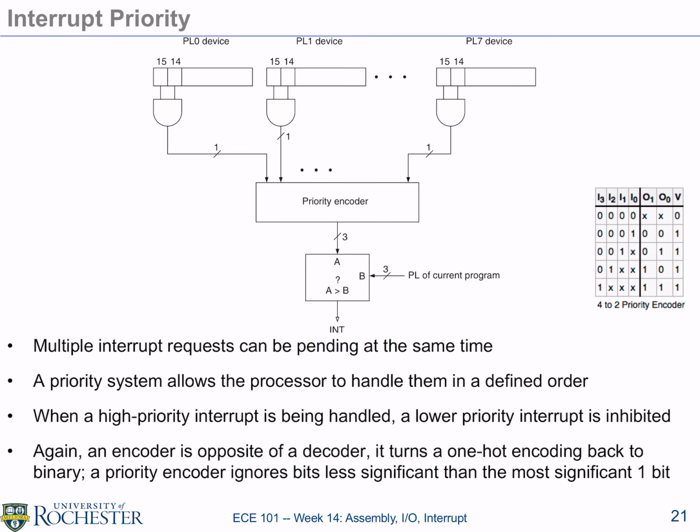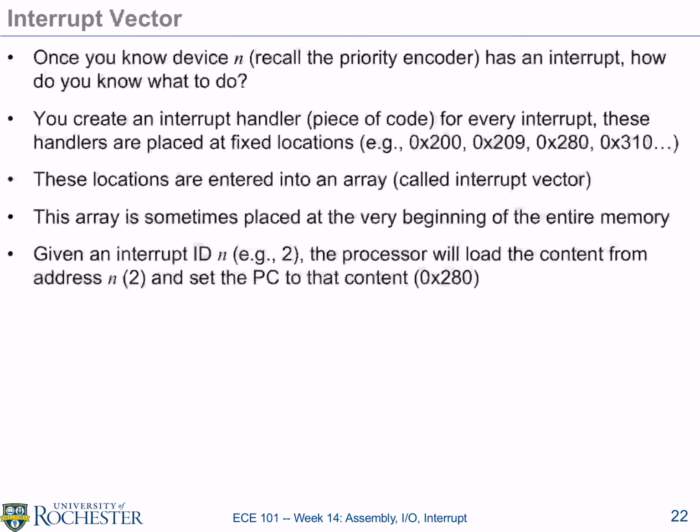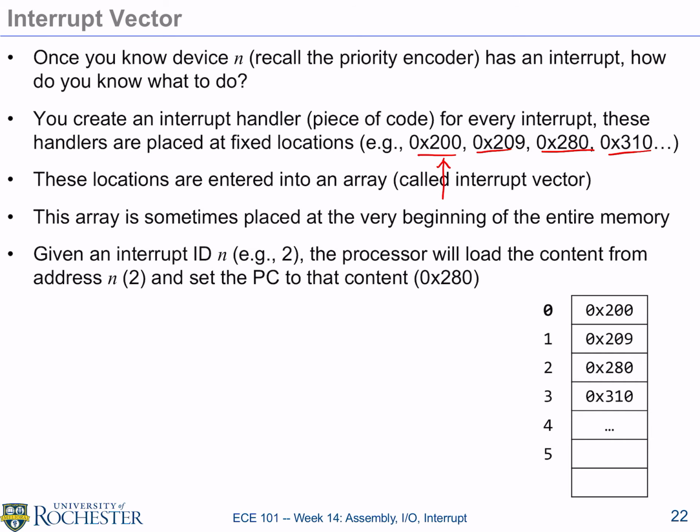So here's the example of a vector. Let's say I have several priority levels, and I have all these interrupts. Code 1 for interrupt 1, code 2 for interrupt 2. I put them in these memory locations. Okay, they're not very long, I put them there. And then what do I do? I put this address into, let's say, vector 0, and that address into, let's say, element 1.